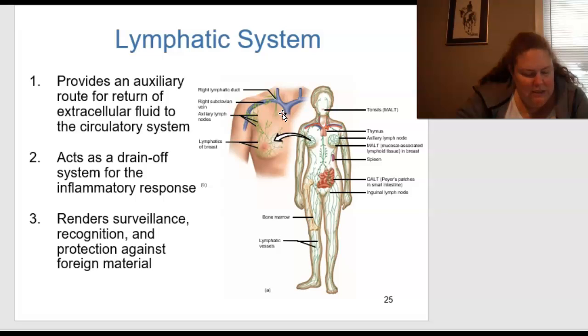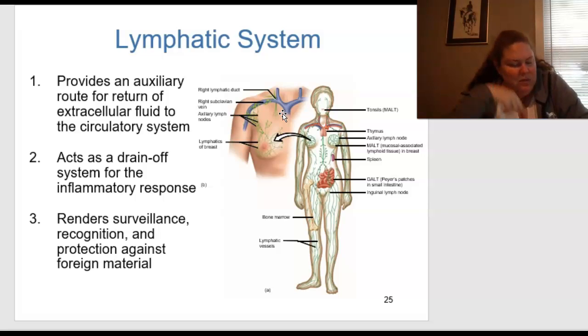The right lymphatic duct receives lymph from the right axilla and the head region, and it drains into the regular blood circulation at the right subclavian vein. On the left side of the body, there is a similar arrangement in which the thoracic lymphatic duct returns the lymph from the remainder of the body at the left subclavian vein. Through these direct connections, all lymph eventually makes its way back into the circulating blood.